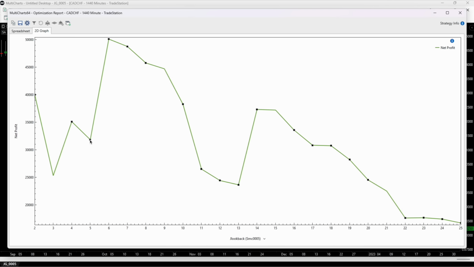I was using 5, and again, it's not the best, is it? Nowhere near. 4 is better, and obviously 6 looks like the best. 7, 8, 9, 10, all the way up to 10 is probably better than what I'm choosing. Probably 8 or 9 I think would probably be a sweet spot if I had to choose, looking at this optimization.